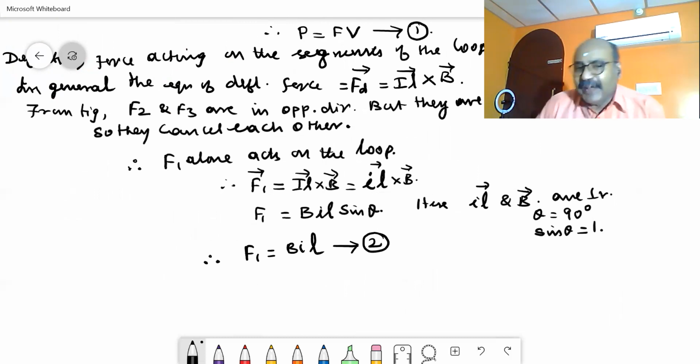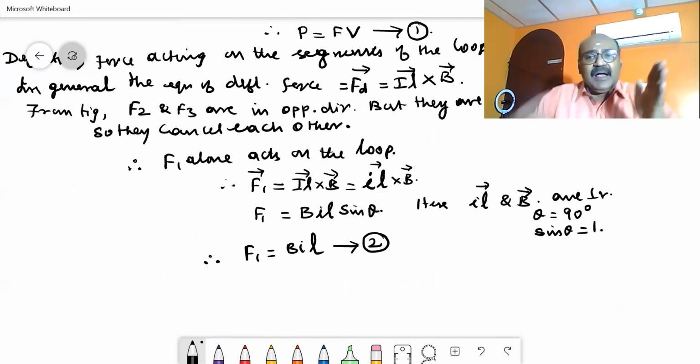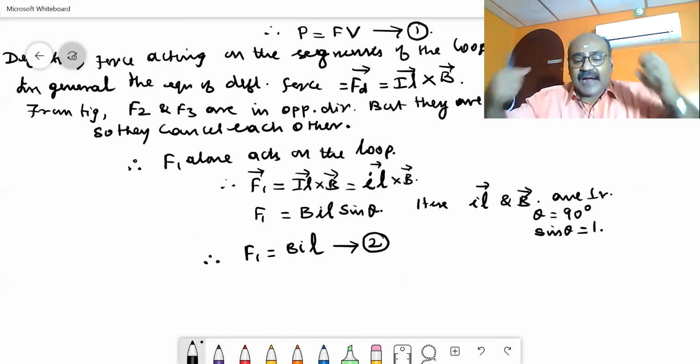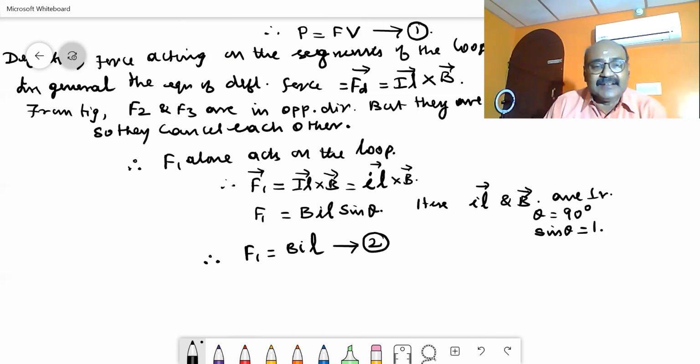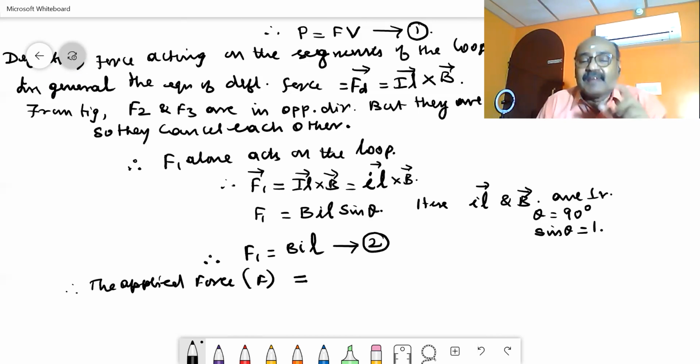Now, when the deflecting force F1 acting on the loop and the mechanical force acting on the loop are equal, then the body will be at rest. The applied force F should be equal to or greater than this deflecting force, then only the body can move.